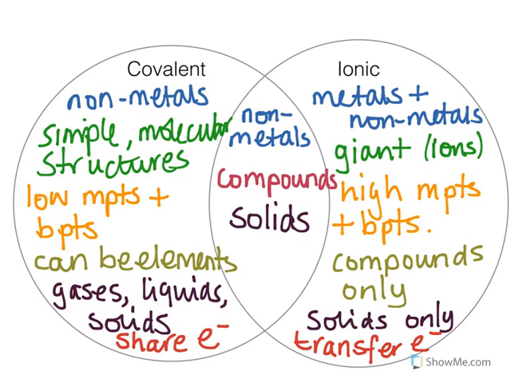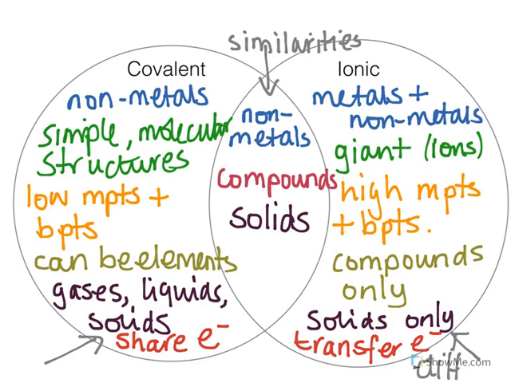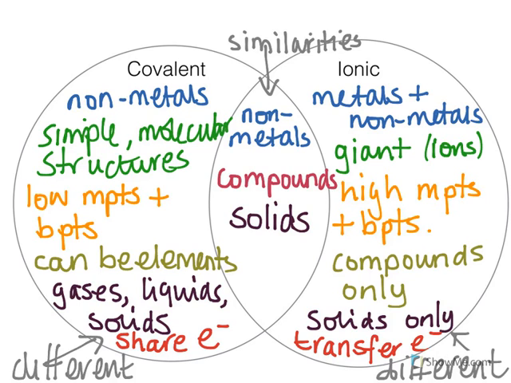So, in summary, there are some areas where we can see similarities between covalent and ionic substances, but mostly in these sections here we're recording where they're different. So there we have a quick, simple comparison of covalent substances and ionic substances.